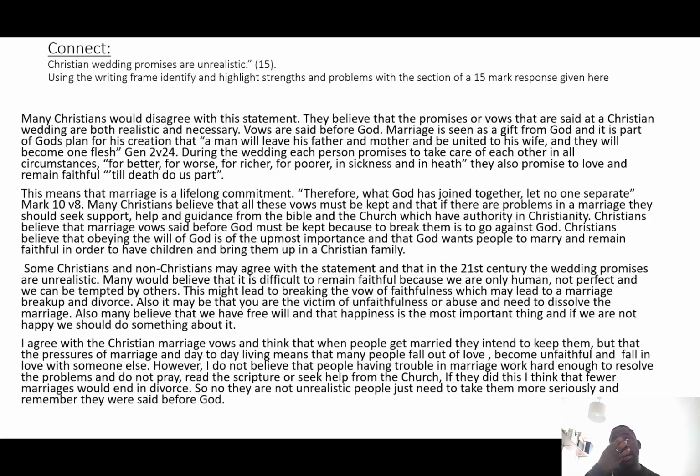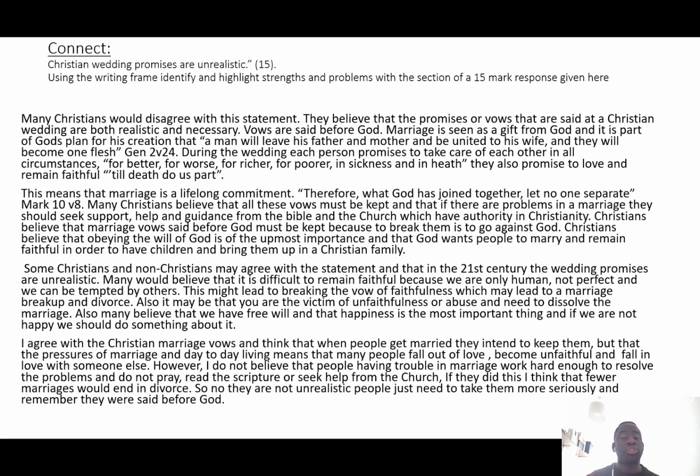Use both when you do this exercise. Have a look at this exam answer. This isn't a full 15-mark answer. This is just part of a 15-mark answer that I've picked out to show you.